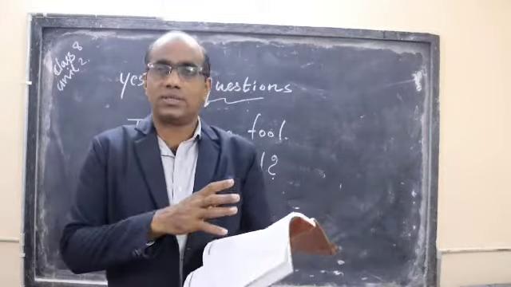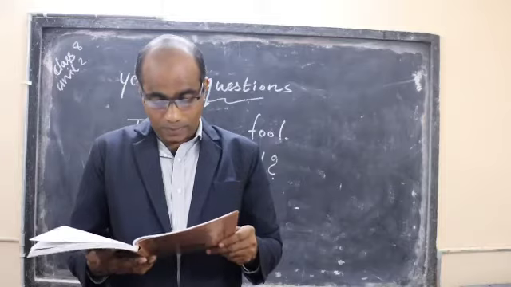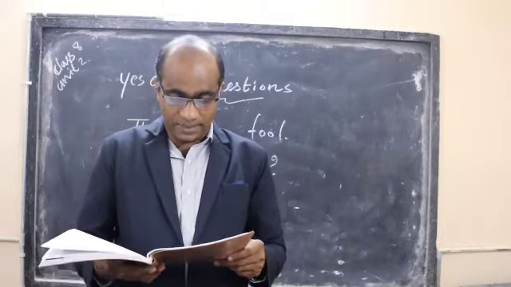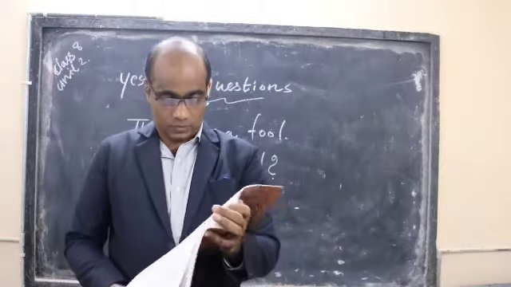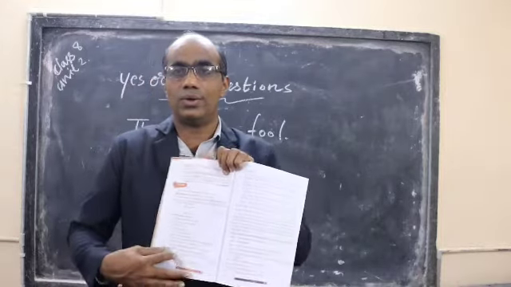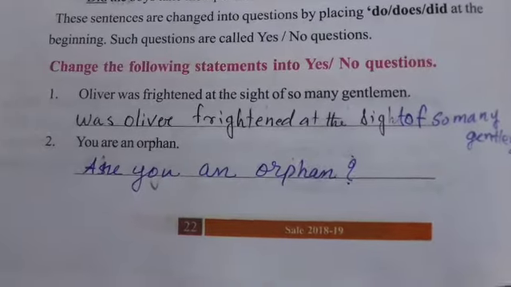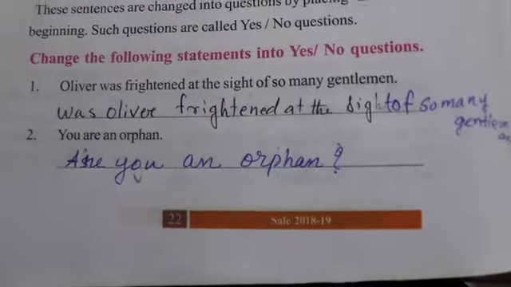Now, looking at this explanation, you have to do the exercise here: change the following statements into yes or no questions. So please look here and we are going to do it together. Now let us write them together. First: Oliver was frightened at the sight of so many gentlemen.